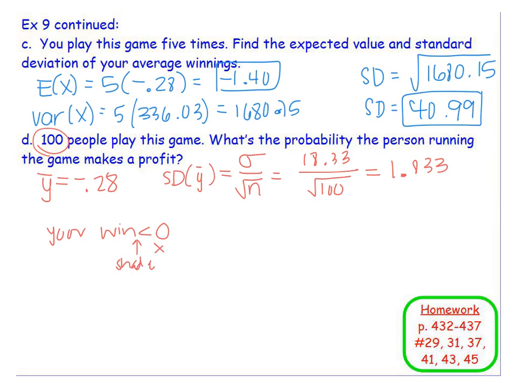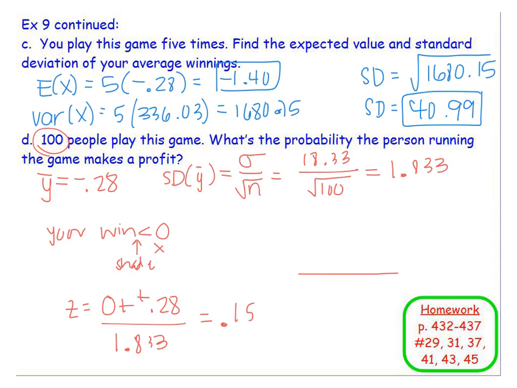So my z-score is going to be found by taking my x value of 0 minus my mean, which is negative 0.28, divided by my standard deviation I just found of 1.833. Be careful with the double negative. Remember, technically changes to a positive. And if you calculate that and round appropriately, I get 0.15.